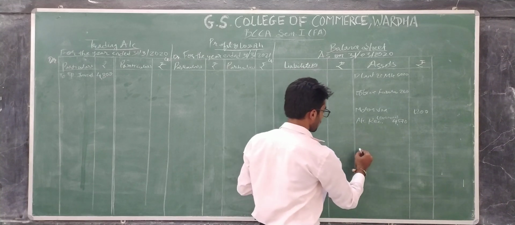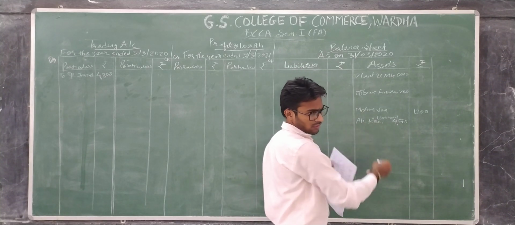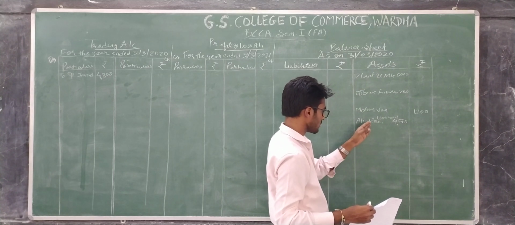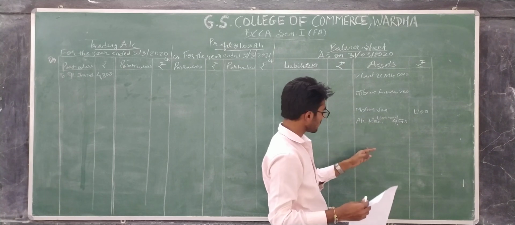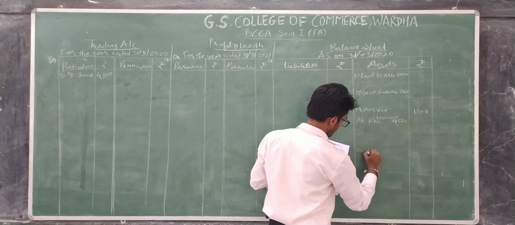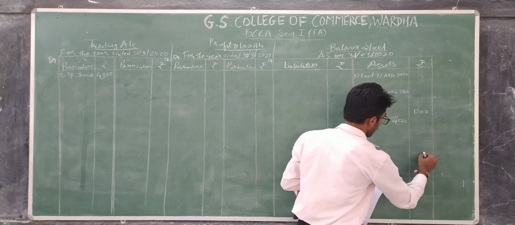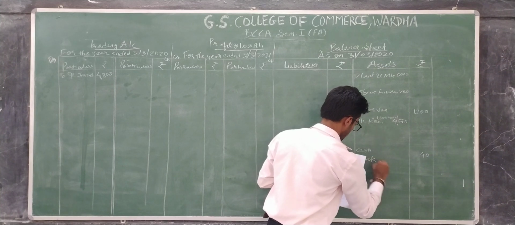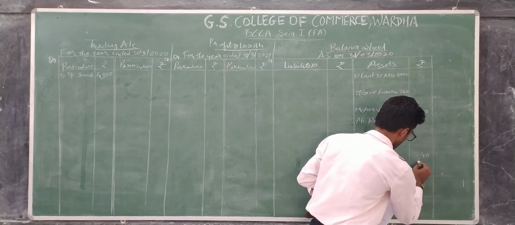There are 3 to 4 items which we have to write just below the account receivable, that's why I am leaving so much space here. Cash is rupees 40. Then bank is 650.